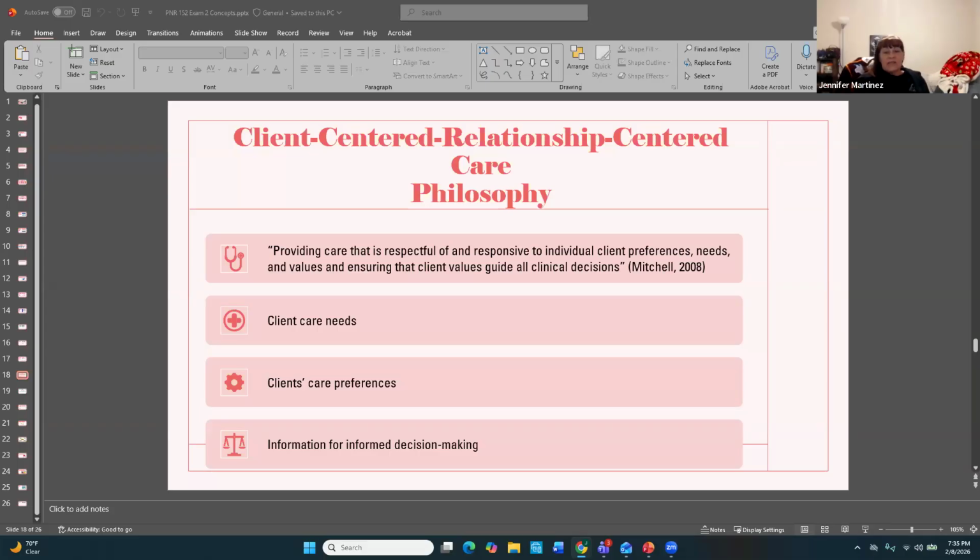So this is where we take everything into consideration: their personal values, their spiritual, their cultural values. We try to incorporate all of those preferences into their healthcare, and they are the ones that guide all the clinical decisions. It also includes giving them the information that they need in order to make an informed decision about the care that they want or need.